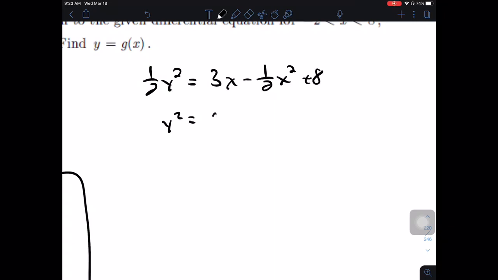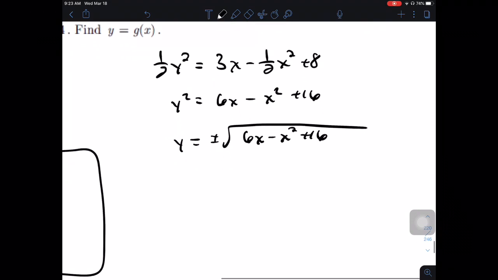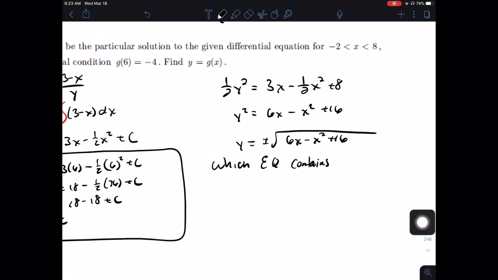I'm going to square root both sides. Now when I square root both sides, I get plus or minus, which means this is not just a particular solution, it's two particular solutions. So the question you got to ask yourself each time is, which equation contains the initial condition that we were given of 6, -4?